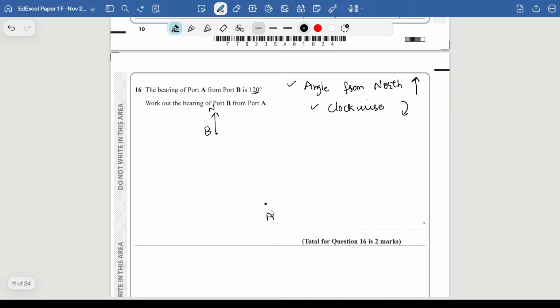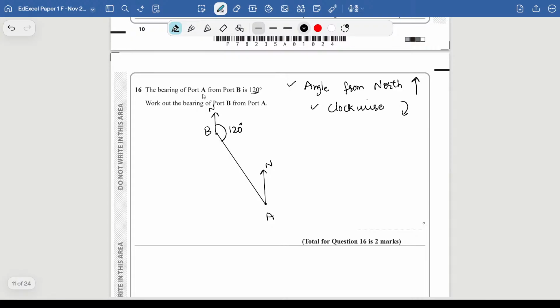So if this is port A, and I join these using a straight line again, and then draw a north for port A as well, this is the north for port A. Then this angle is 120 degrees as per the description.